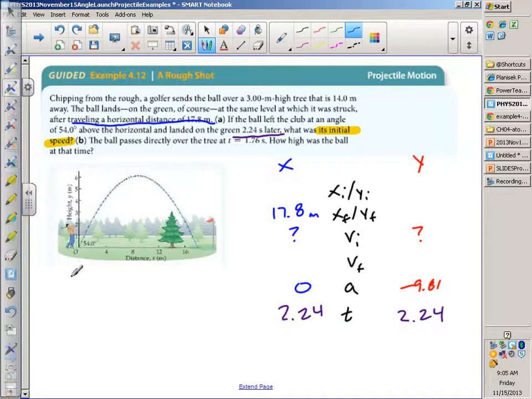What do we have to do in order to make that assumption? Where's our reference point in this problem? This initial spot where the golf ball was starting, that's probably going to be our reference point, right? So that means what was the initial position of this ball? 0, and it ends 17.8.